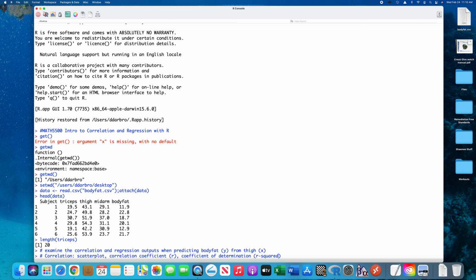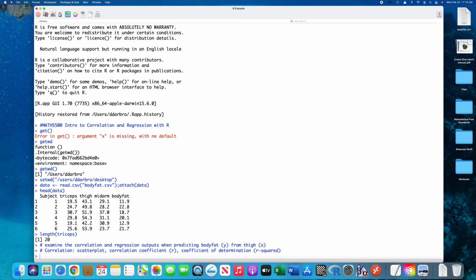I want to look at the coefficient of determination, which is the R squared. From a simple linear regression standpoint, the scatter plot and correlation coefficient are important. Once we move into multiple regression, we'll start to rely more on the coefficient of determination, the R squared. Actually, we'll focus on the adjusted R squared, but that will come later.